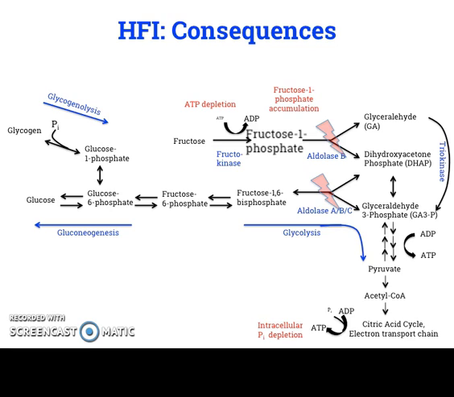Meanwhile, the deficient aldolase B can no longer condense the DHAP and glyceraldehyde 3-phosphate, which normally promotes endogenous glucose production through gluconeogenesis. The consequences all stem from these primary abnormalities.